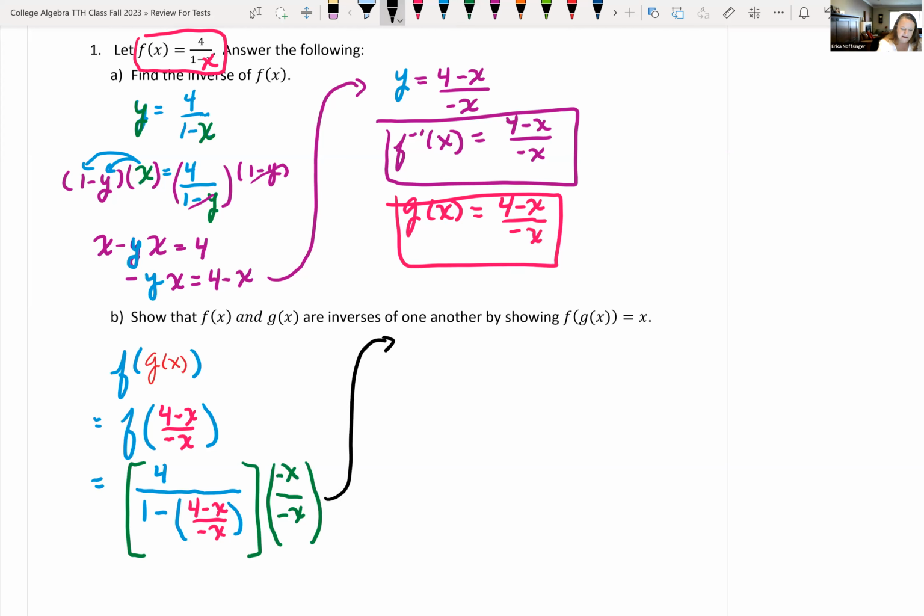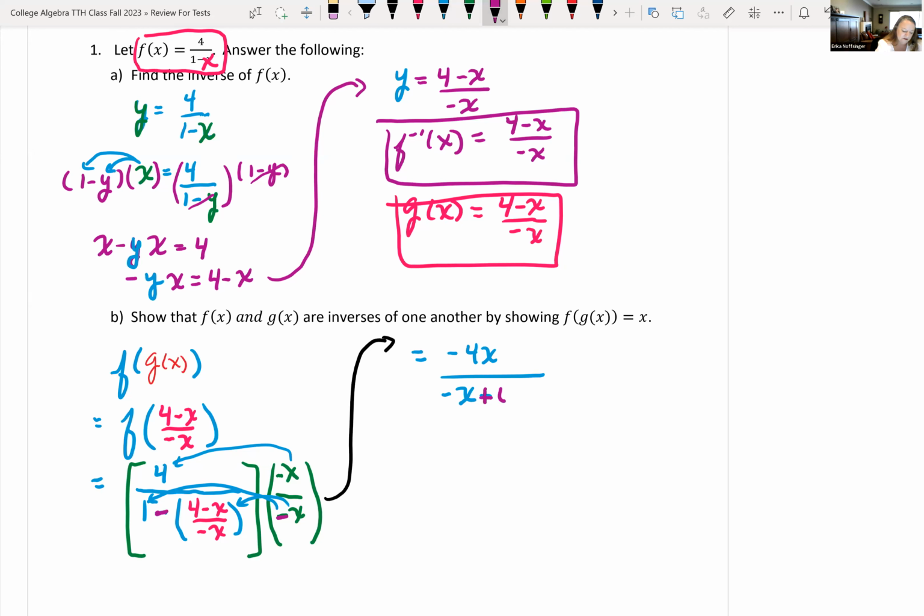So doing so, we would have, well, 4 times this negative x, that's going to be negative 4x, all divided by, so I need to distribute this negative x in the denominator. So negative x times 1 is negative x minus, but I have this negative here and this negative here, so it's actually plus.